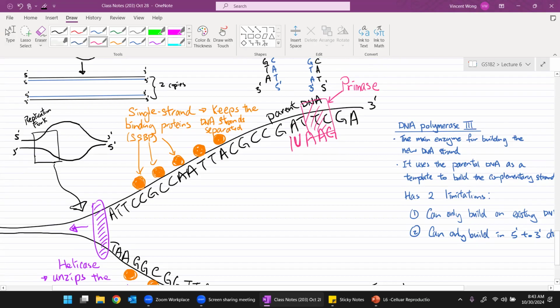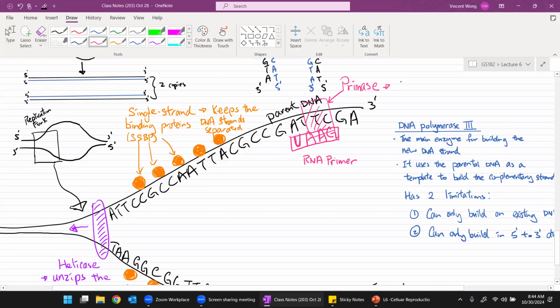So this thing that we just built, this is called an RNA primer. Okay. It's just so that DNA polymerase 3 can continue to build. Now that there are some existing nucleotides, it can continue to build on that. So this is the RNA primer, and it's laid down by the primase.